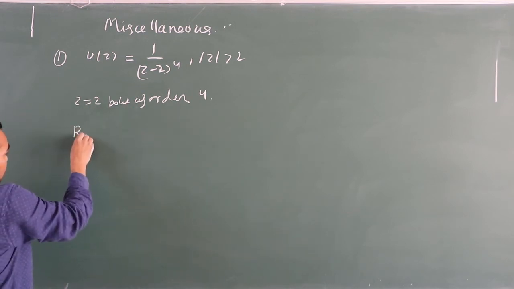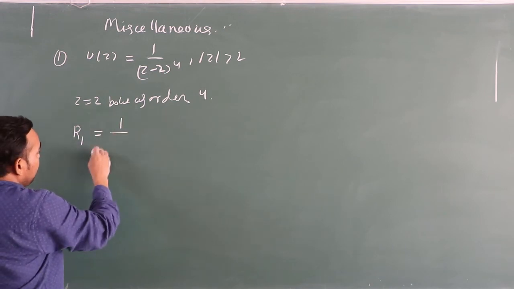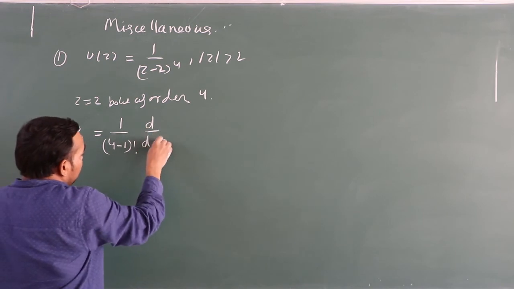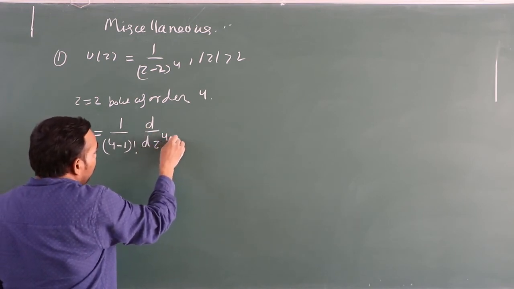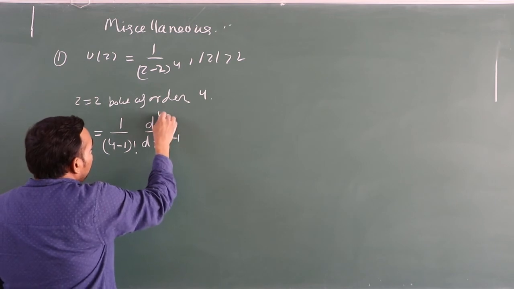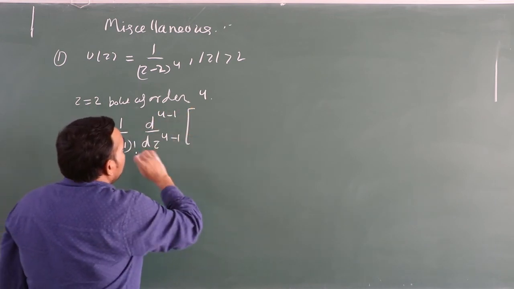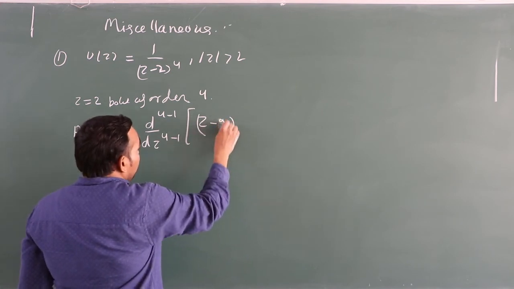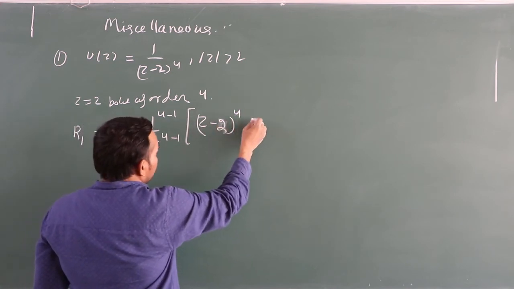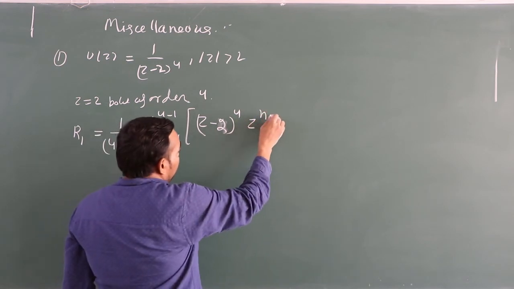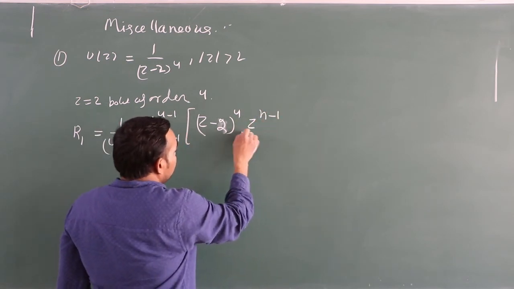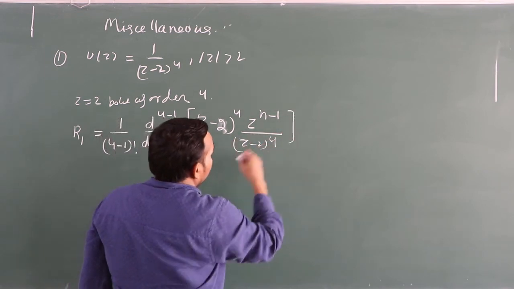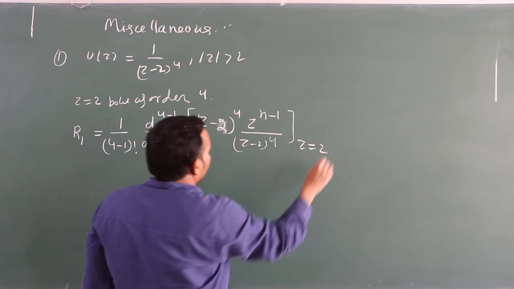So the residue R is defined as 1 upon (4 minus 1) factorial, d upon dz to the power 4 minus 1, of (z minus 2) to the power 4 into z to the power n minus 1 upon (z minus 2) to the power 4, at z equal to 2.